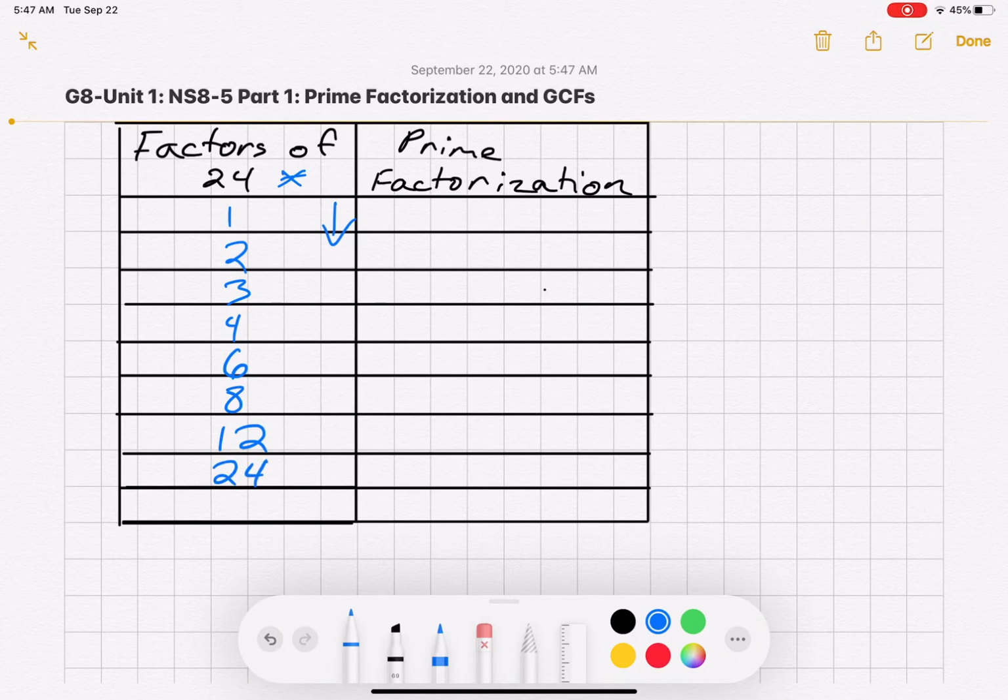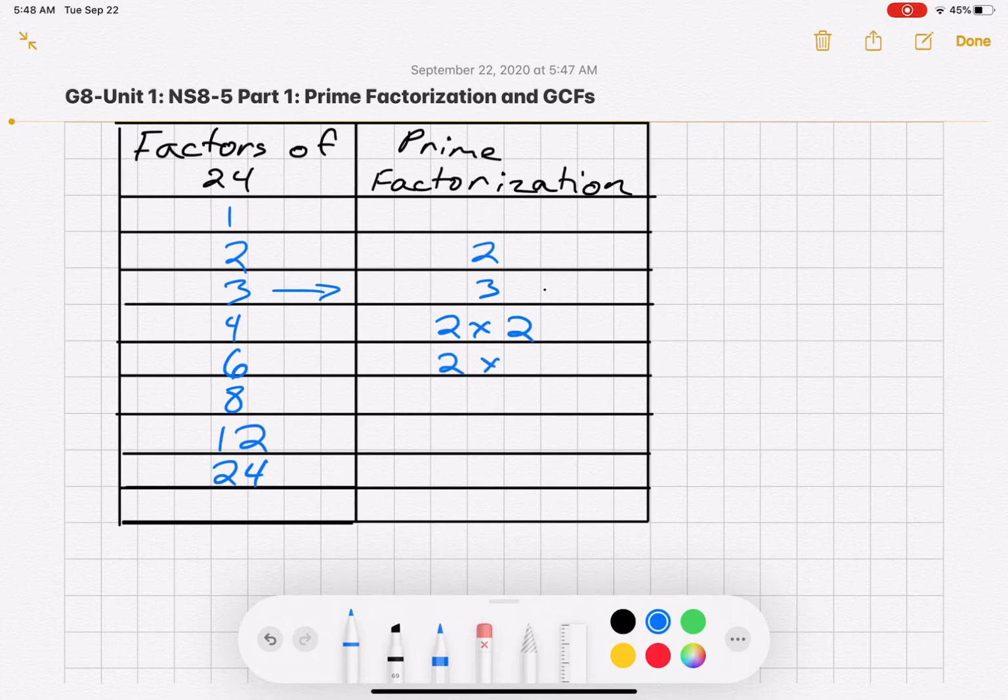Okay, so now that we've got that, once again, you're going to pause the video and find the prime factorization of each of these factors, and write them in here. So 3 is obviously the prime factorization. 2 times 2. Okay, so just pause and do the rest.